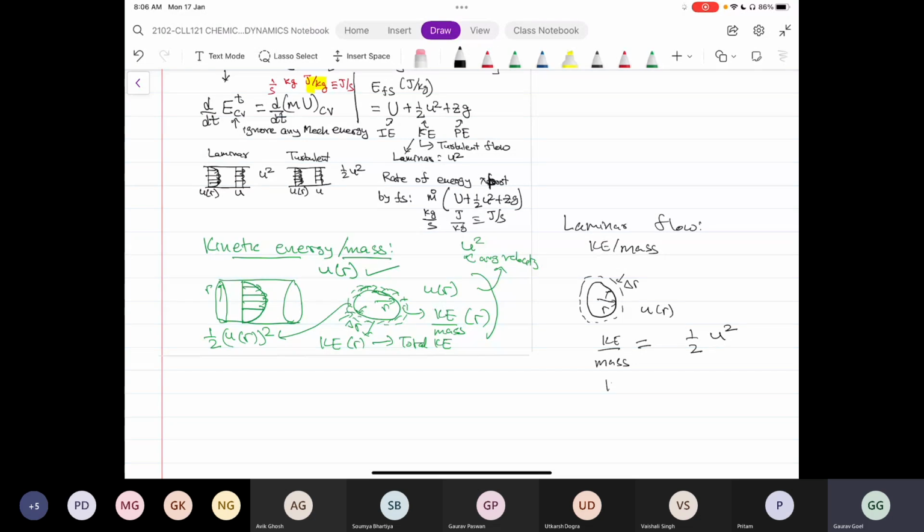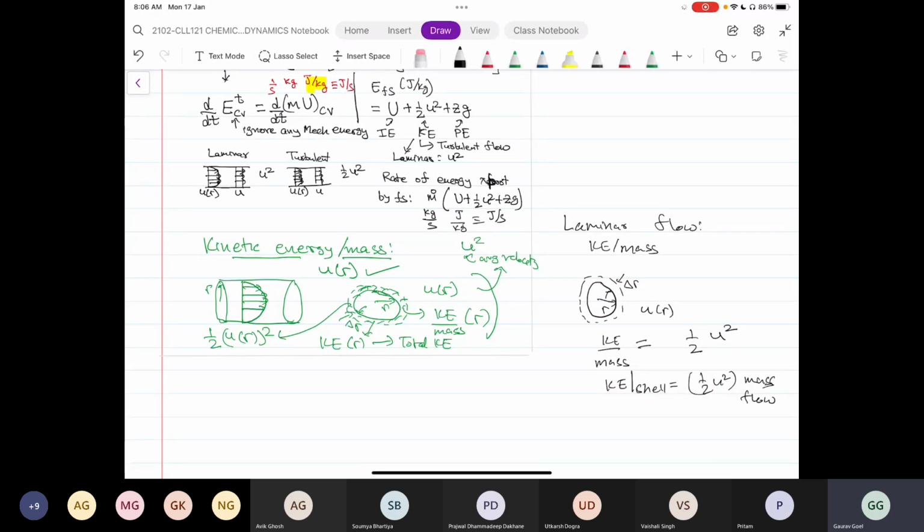You have to first get kinetic energy in this shell as 1/2 u square times the mass flow rate. So did you do this also? Because the mass in different shells would be different. Oh, okay. No, sir, I missed this point. Okay, so try this and then recalculate. Because you should not be averaging 1/2 u square.